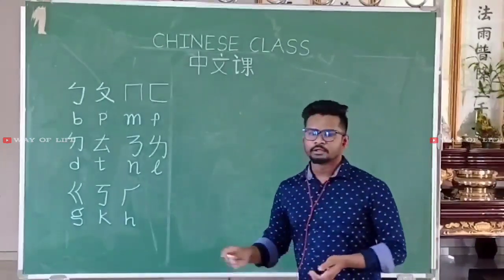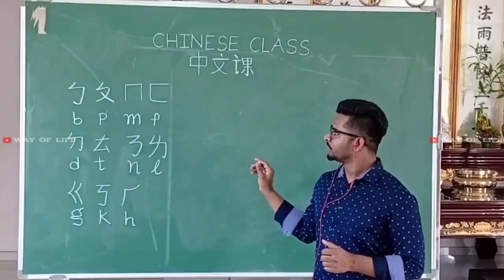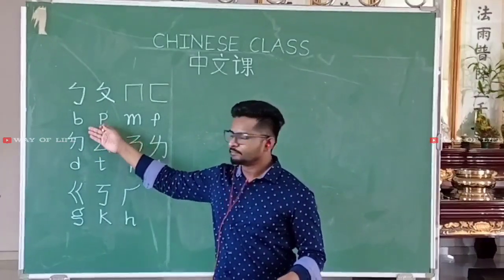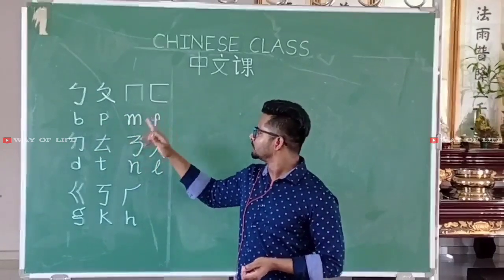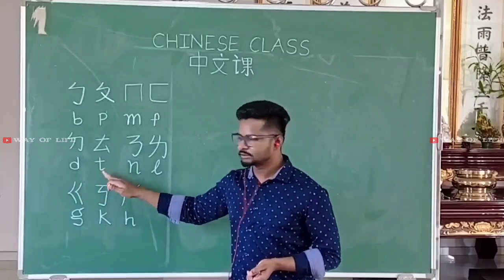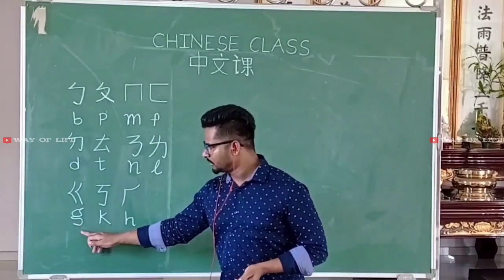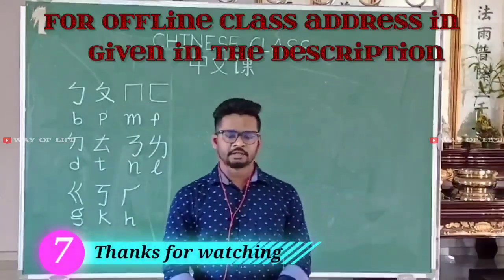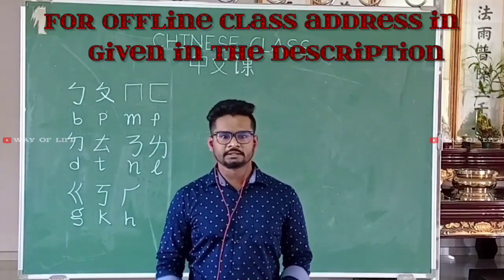I hope you are now also able to write the Chinese alphabet. Let's just recap once again. Please follow me. P, F, M, F, T, Th, N, L, K, K, H. Okay. Thank you guys. Thanks for the first Chinese alphabet learning.